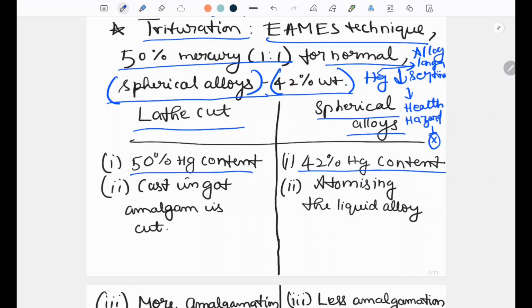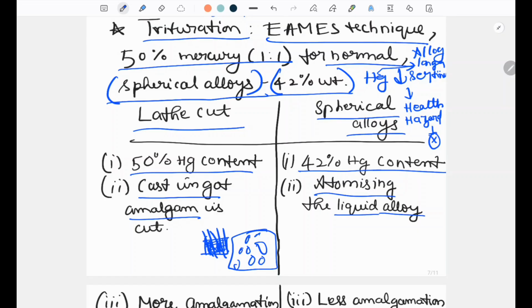How are lathe cut alloys prepared? A cast ingot of amalgam, a fragment of amalgam like this, is cut into pieces, and various small, irregularly shaped lathe cut alloys are prepared, whereas in spherical alloys they atomize the liquid alloy. Atomizing is nothing but making it into small rounded spherical particles. That is how spherical alloys are prepared.